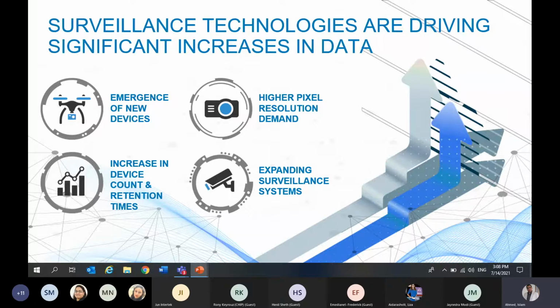That's the third trend that makes a significant increase in data. The last and also important trend is the expansion of citywide surveillance systems. This is to assist public safety, monitor traffic, and enforce residential regulation.